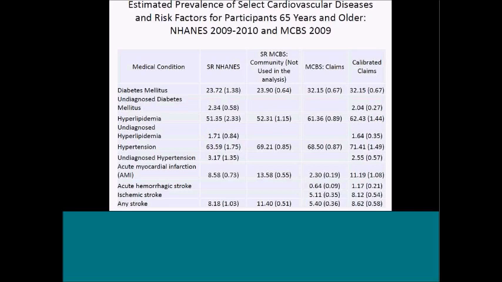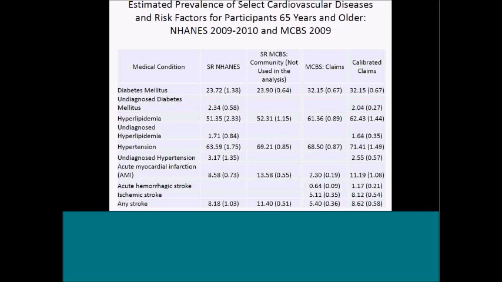That means they actually have diabetes, but they don't know it. That's what I call undiagnosed diabetes. We could consider that as a condition for which there is no claim, but you can try to impute what would have been in the calibrated claim for the MCBS. So we are imputing that in the MCBS.